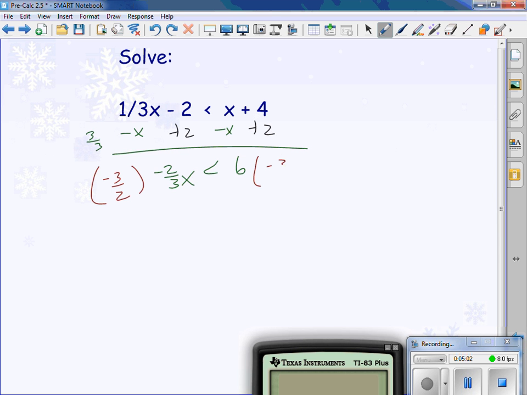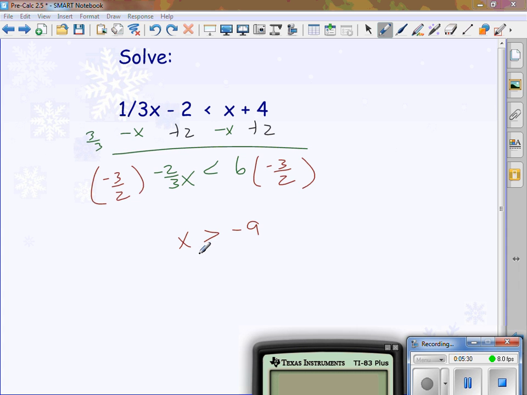Multiplied by negative 3 halves, because it's a negative here. X is greater than, let's see, negative 9. I have x is greater than negative 9. Whenever you multiply or divide by a negative, you change the symbol.